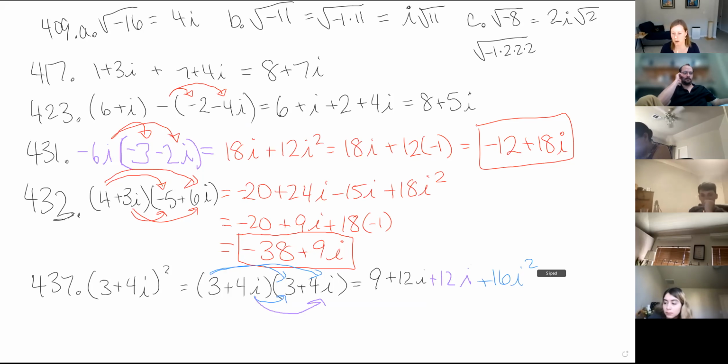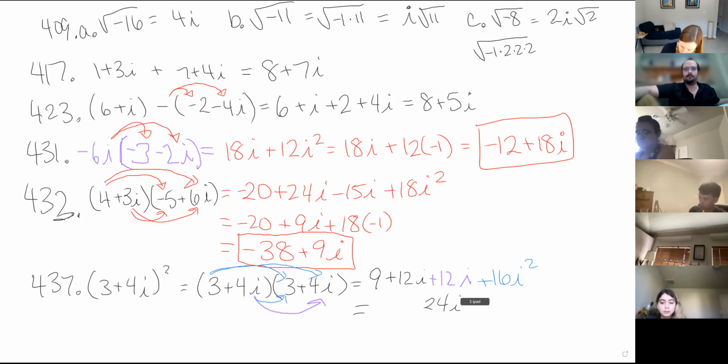Cool. All right, so let's simplify it a little bit. You could do 12i plus 12i, 24i. And then the plus 16i squared, would it just stay like that? Well, remember what we did on the last one. What can we do with the i squared?